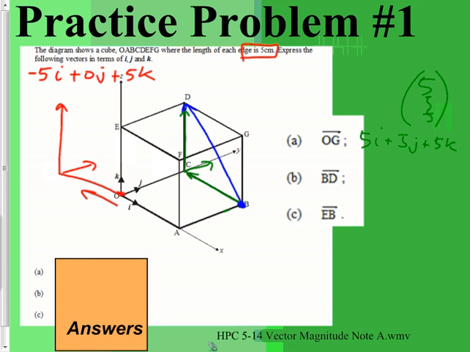So that's how far over and how far up. And so in other words, what's its position vector called? 5, 5, 0. That's for B. Okay. How about D? 0, and then 5 in this direction, and 5, 0, 5, 5.